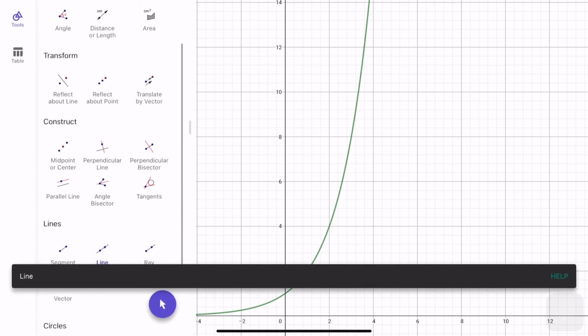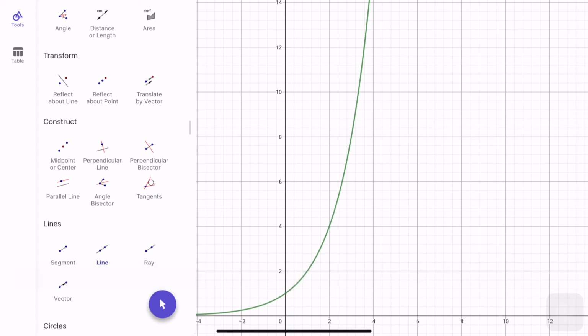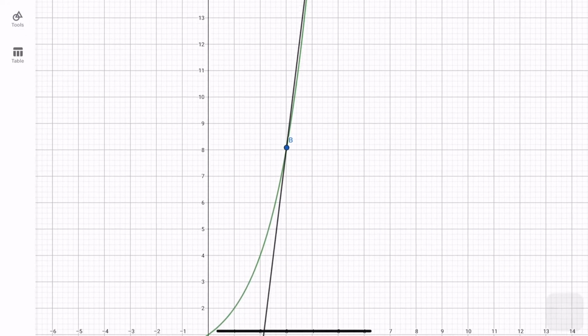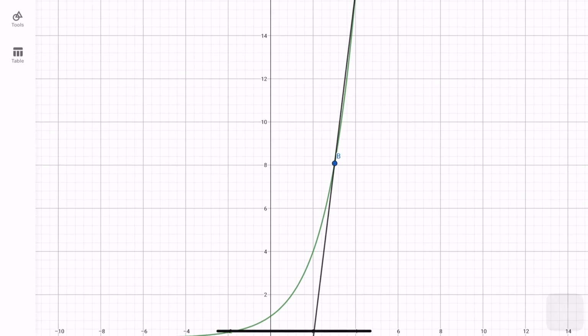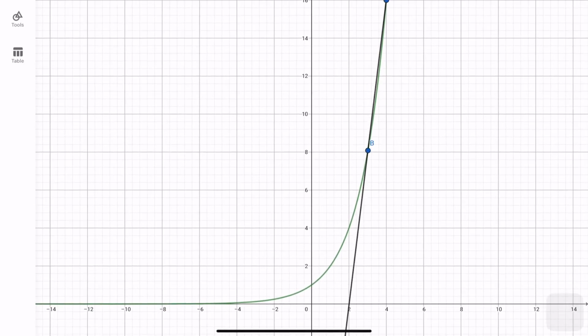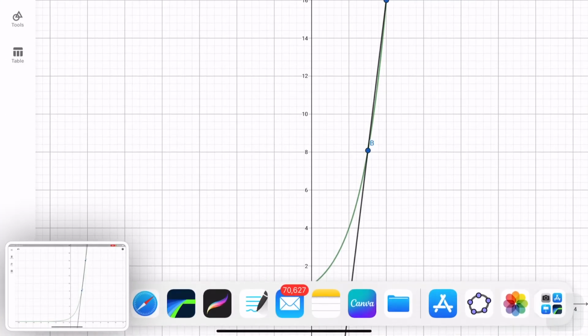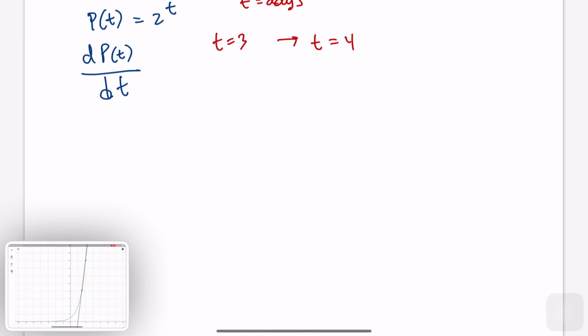Okay, 4 is here and 3 is there. Let me just take a screenshot and put it in our notes here.